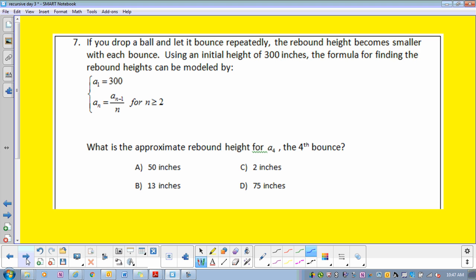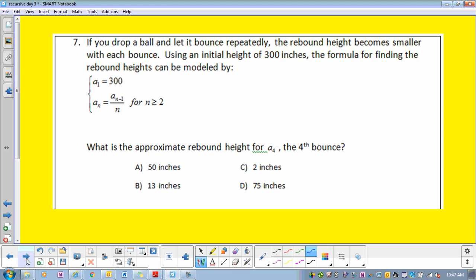So look at number 7. It says if you drop a ball and let it bounce repeatedly. Think about that. You drop the ball and you just let it bounce. You're not bouncing it back. You just let it fall, right? Then the rebound height gets smaller with each bounce, until it loses all its bounce and then it's just sitting there.